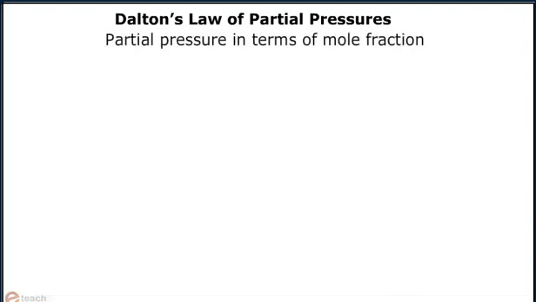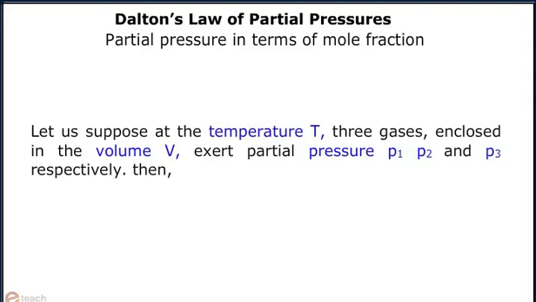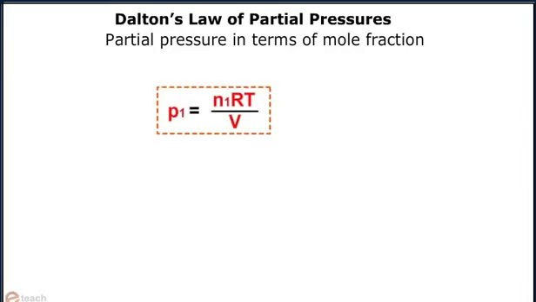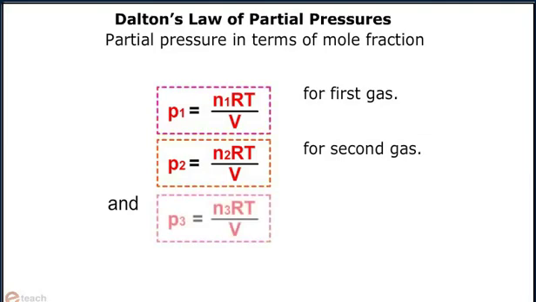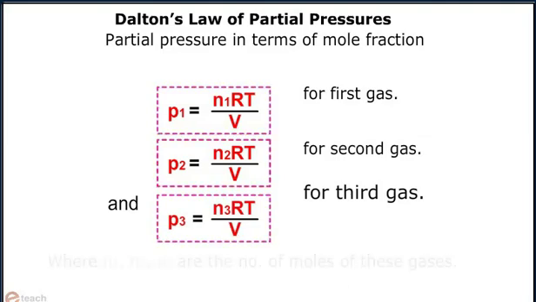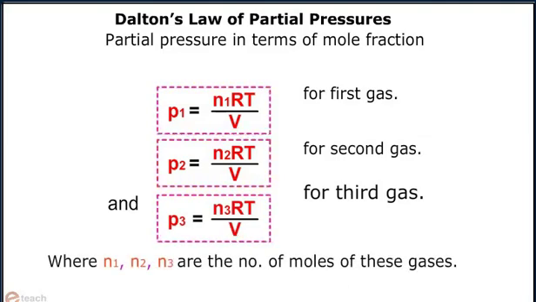Partial pressure in terms of mole fraction. Let us suppose at the temperature T, three gases enclosed in the volume V exert partial pressures P1, P2 and P3 respectively, then P1 equals n1 RT by V for the first gas, P2 equals n2 RT by V for the second gas, and P3 equals n3 RT by V for the third gas, where n1, n2 and n3 are the number of moles of these gases.